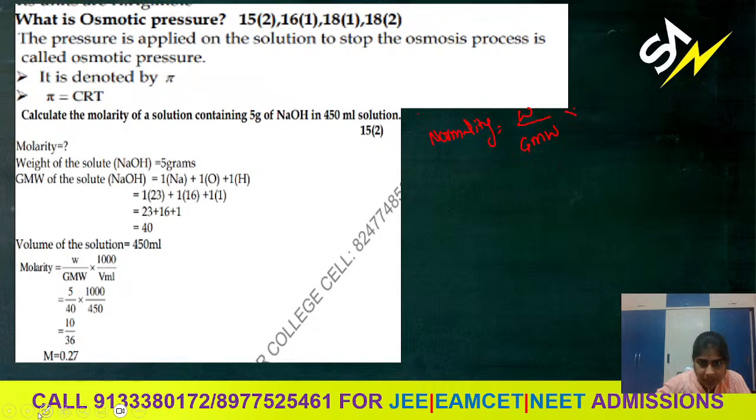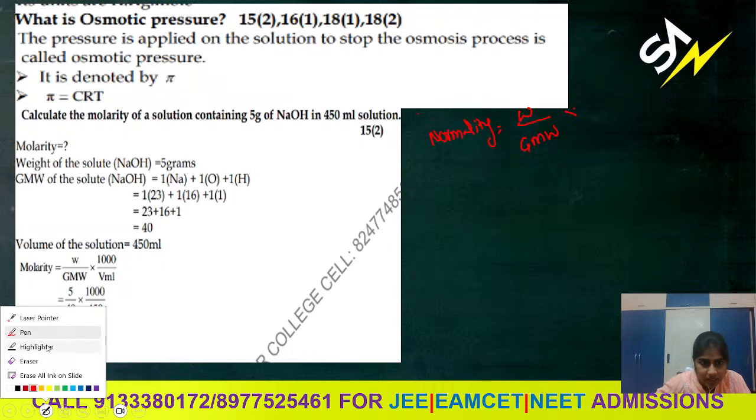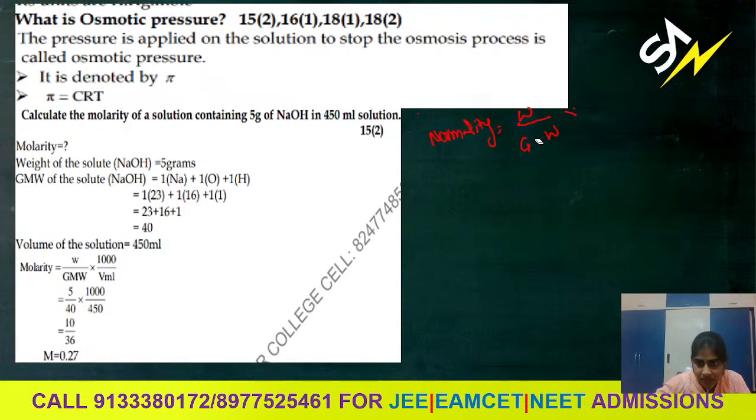In normality we use gram equivalent weight, and we will have the same formula of 1000 by volume in milliliter. This is the formula of normality. Here the difference is gram equivalent weight.